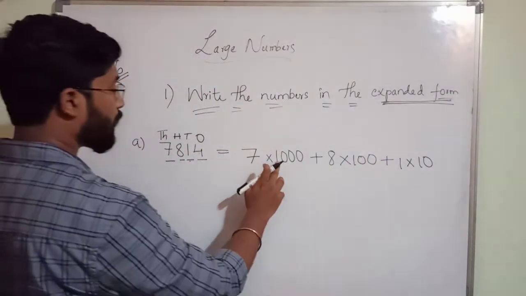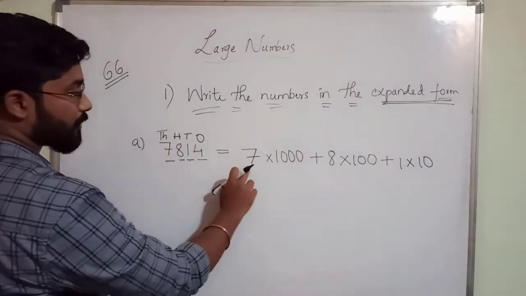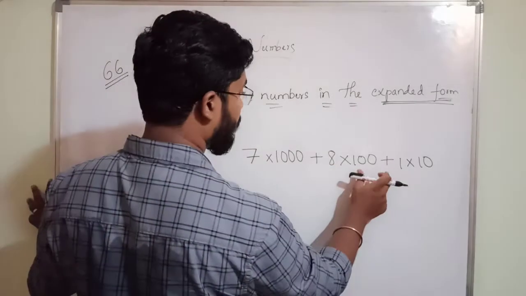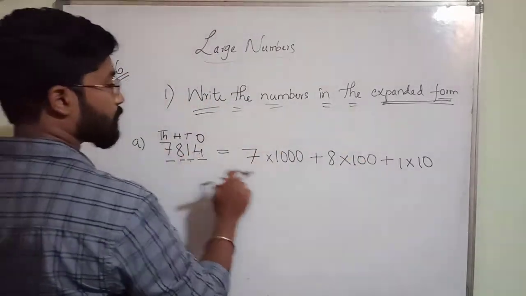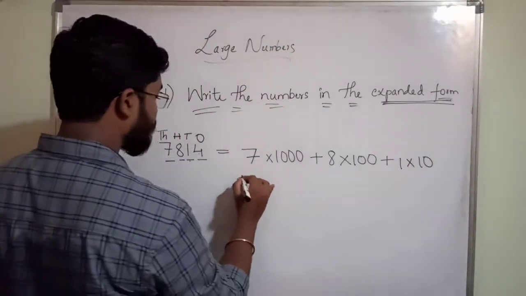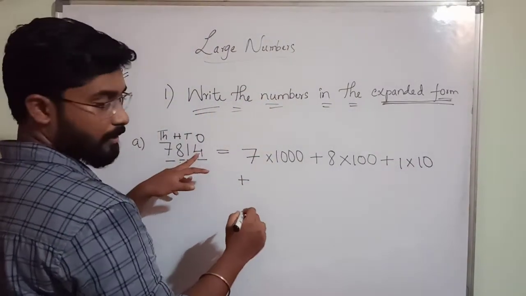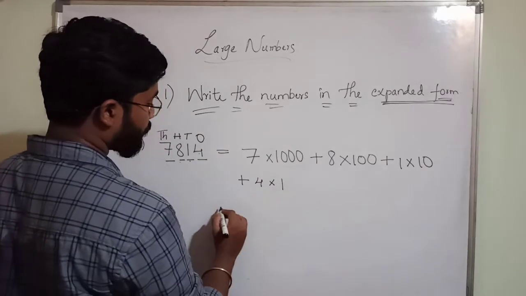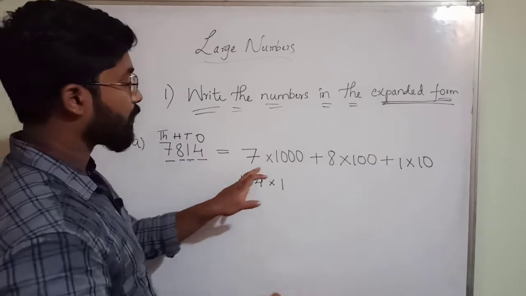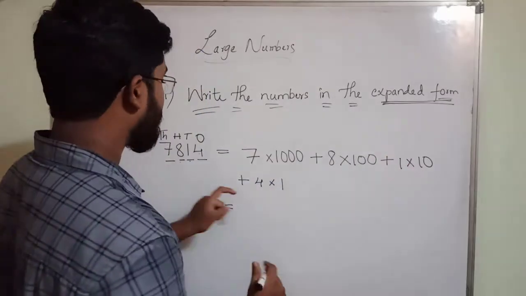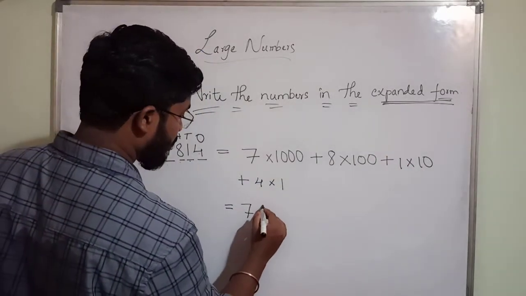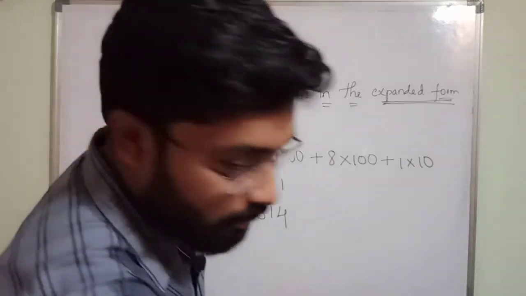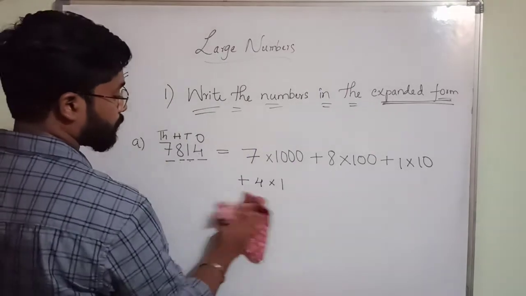Why are we multiplying? 7,000, 7 into 1000. 8 is in hundreds place, 8 into 100. 1 is in tens place, 1 into 10, plus 4 is in ones place, 4 into 1. Once again, if you add all this, you will get 7,814. Is it clear? So this is the expanded form.